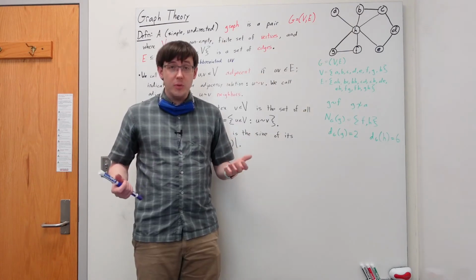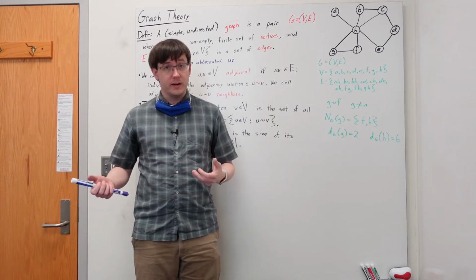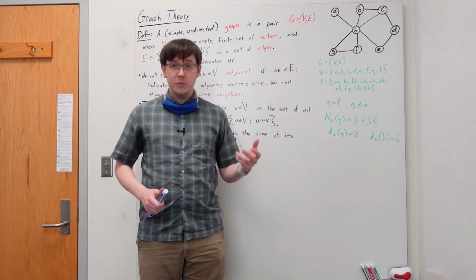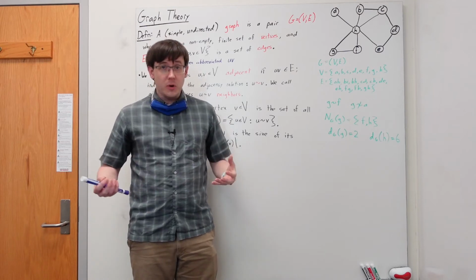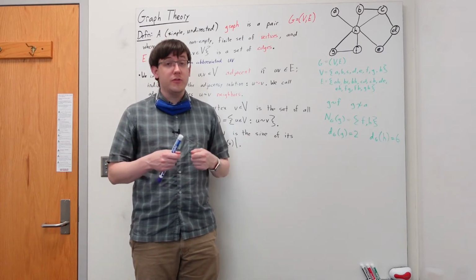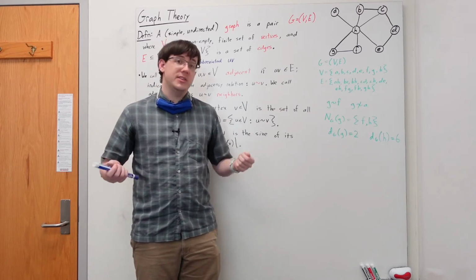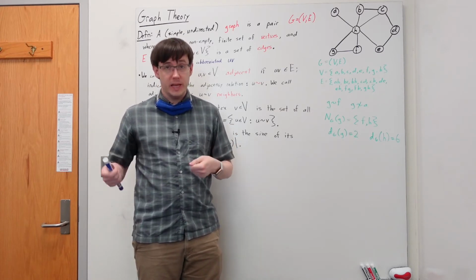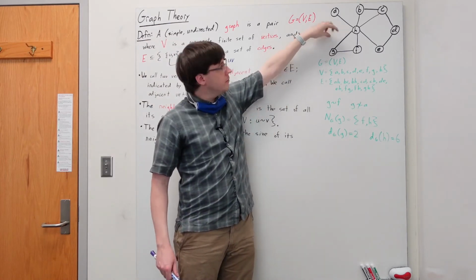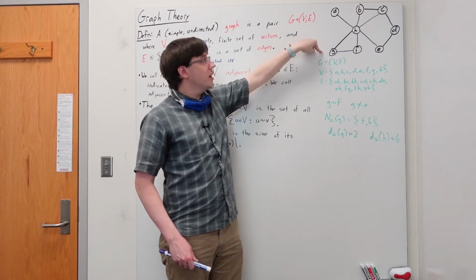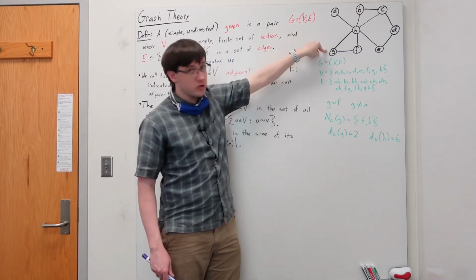A good example for thinking about the difference between a directed graph and an undirected graph is Facebook friends versus Twitter followers. On Facebook, friend relationships have to be mutual, where both parties have to accept for there to be a friendship relation. And so that's modeled by an undirected graph, where if G is adjacent to H, we also have that H is adjacent to G.